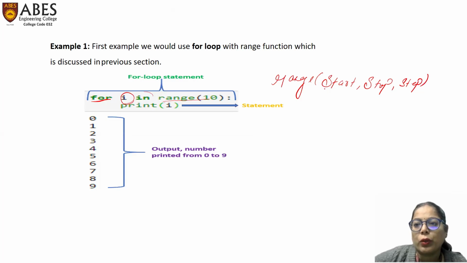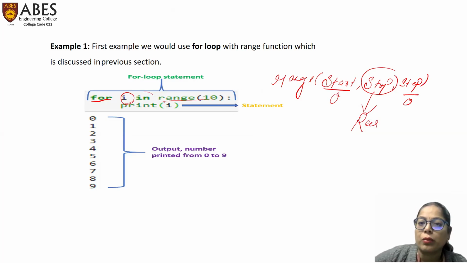I have also told you that the start and the step are optional, but the stop is required. So when we have only one value with the range function, that means it is the stop value. And I have also explained that whatever the stop value is, it is not included. The range ends just one before that.